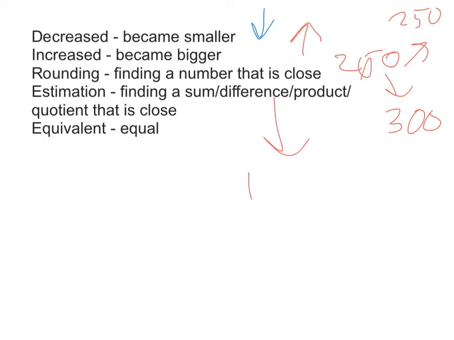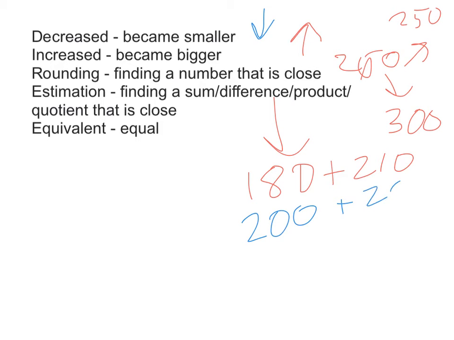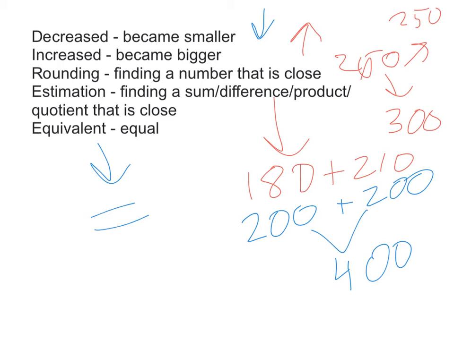Let's say you have 180 plus 210. You might say, that's a little difficult, so I'm just going to round that up to 200 and round that down to 200, and that'll give me 400. It's just kind of combining rounding with adding, subtracting, multiplying, and division. And then equivalent just means equal. So you guys know that stuff. These are ones just to review. So if there's anything you need to write down, feel free.